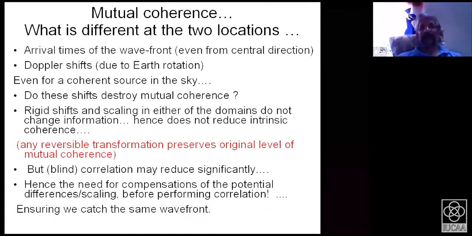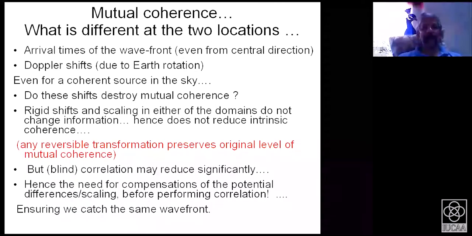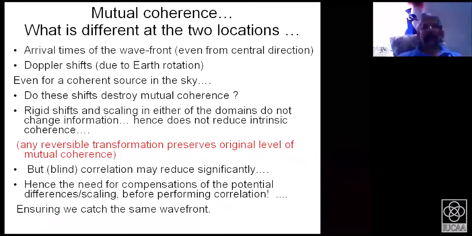Of course, if you blindly compute correlation between these two signals, don't be surprised if you get an answer close to zero. That is because the signals have undergone some predictable but significant changes, which make them look not similar to each other by some blind comparison.